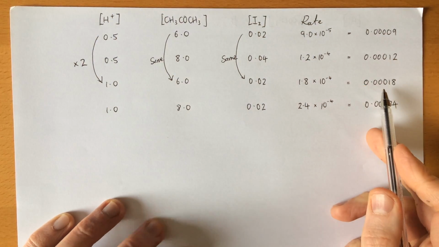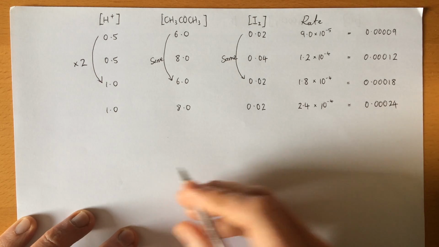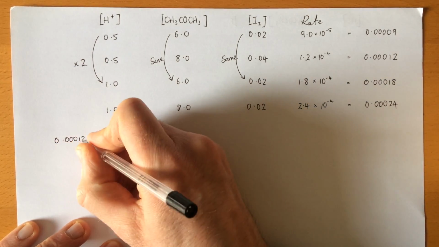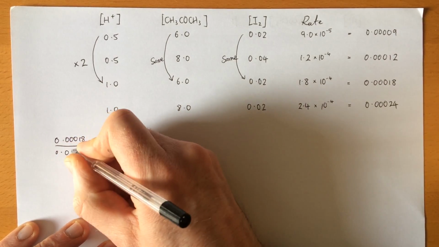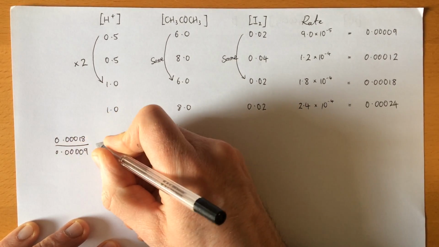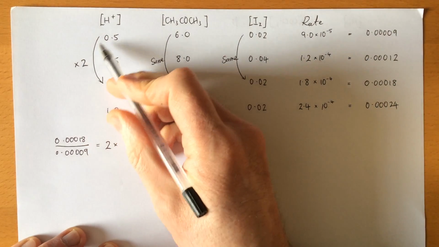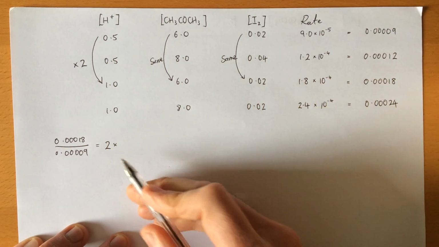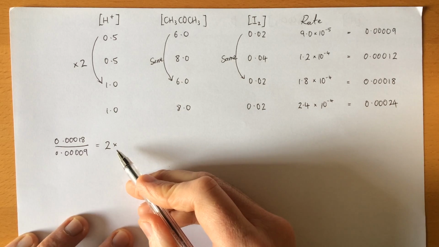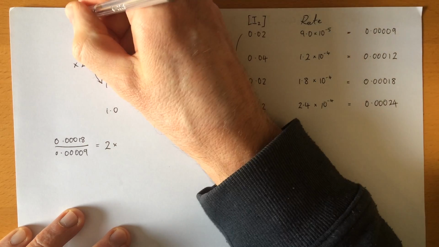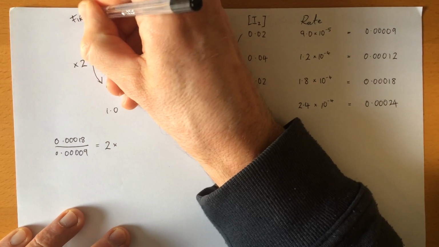And what happens to the rate? Well, if you do 0.0018 divided by 0.009, there's a factor of 2. So as the concentration of hydrogen ions is increased by a factor of 2, the rate is increased by a factor of 2. And that means that the order with respect to hydrogen ions is first order.